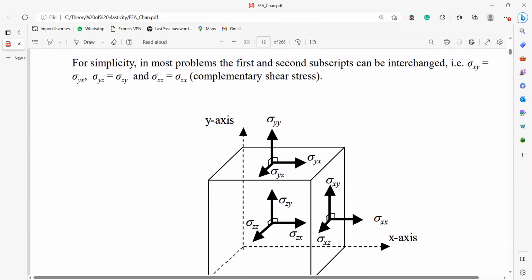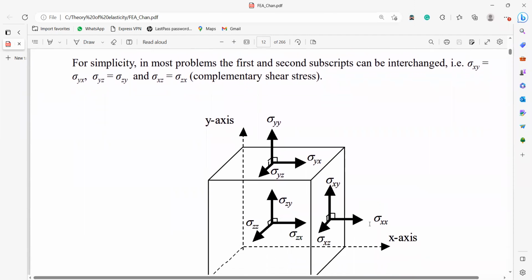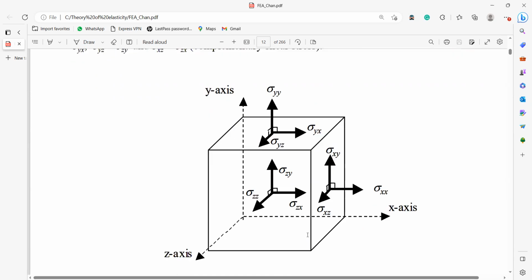If this is the plane, the outward normal is the x-axis. And the second subscript refers to the direction of the stress. So along the y-axis, it is sigma xy, and along the z-axis, it is sigma xz.